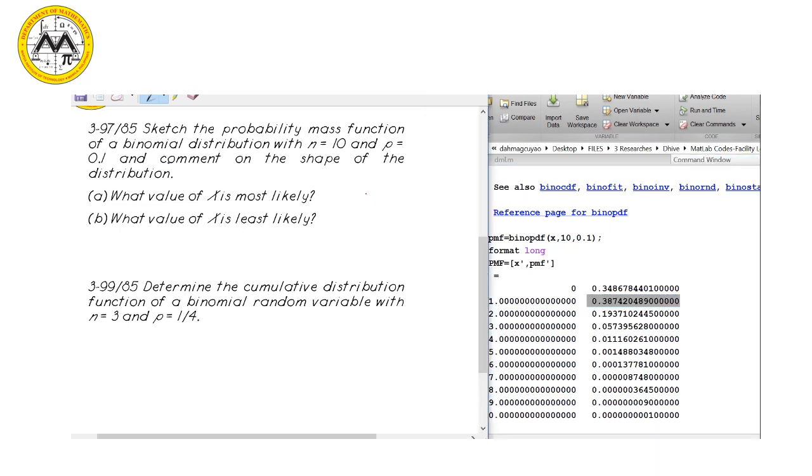So for this one, the highest is when x is equal to 1, and the least likely is when x is equal to 10, the lowest probability.